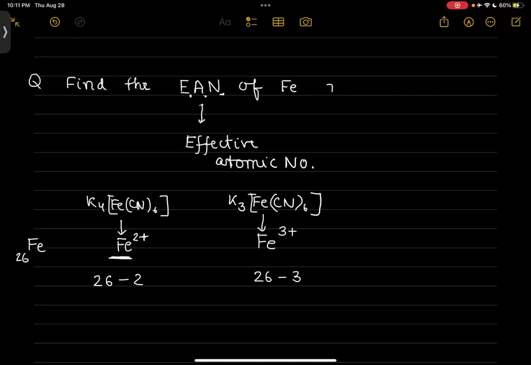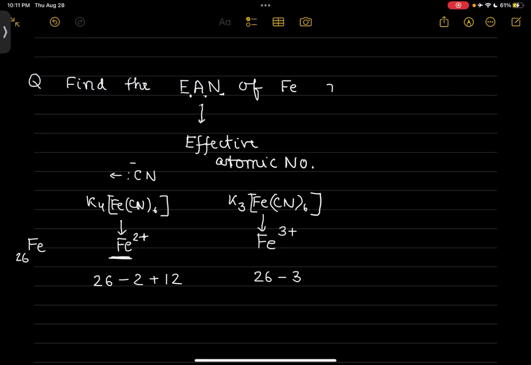Okay, but there are 6 ligands. 6 cyanide ions. And they are donating 6 lone pairs. Each lone pair has 2 electrons. Are you getting my point? Yes, sir. So there are 12 electrons from 6 cyanide ions given to iron.